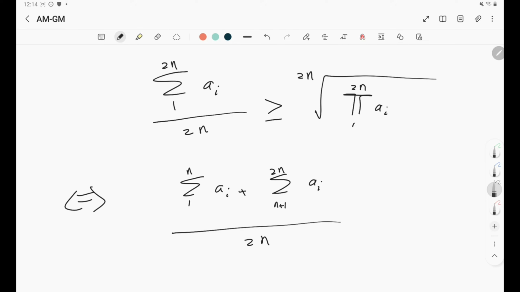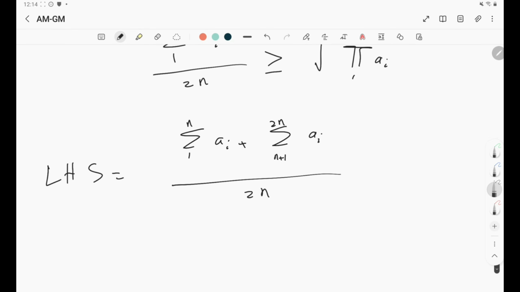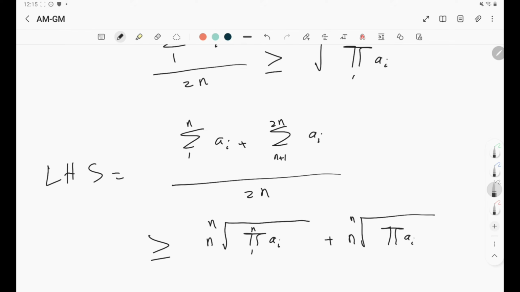You know what, let's work from the left hand side, the LHS, and try to apply the AMGM, because remember we can apply it on any n numbers, so we can apply it on here and here. Simply we'll be applying it. So if we apply the AMGM, then here we have n times the nth root of the product of a_i from 1 to n, and here another n times the nth root of the product of a_i going from n plus 1 till 2n.